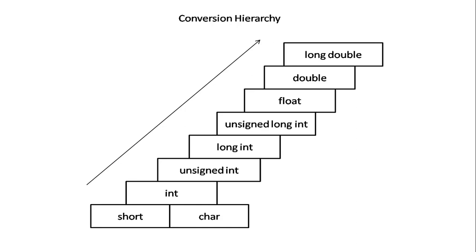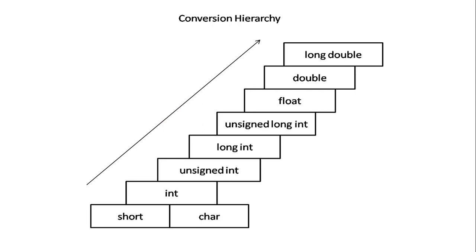It will upgrade to the unsigned int, then long int. After that, unsigned long int. The unsigned long int will upgrade to the float. The float will be upgraded to the double, and double will be upgraded to the long double.